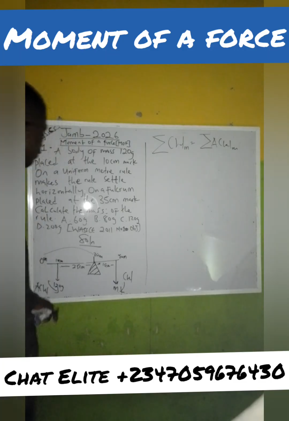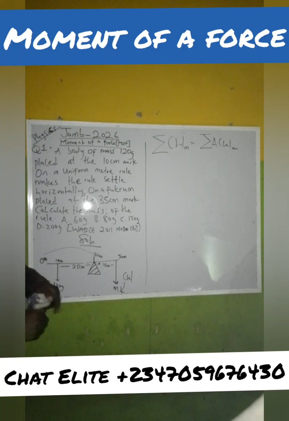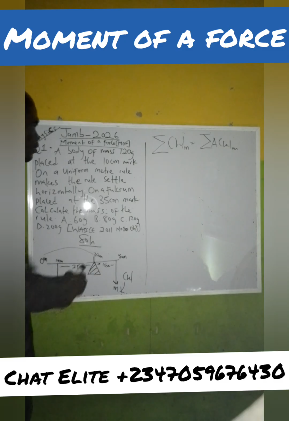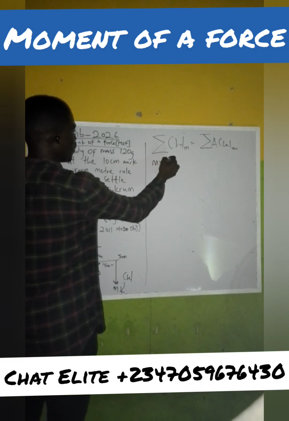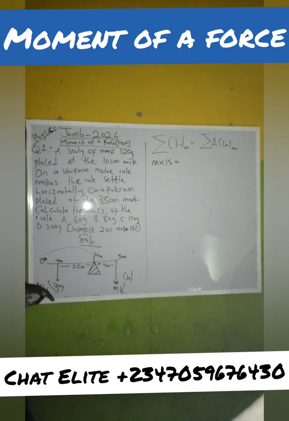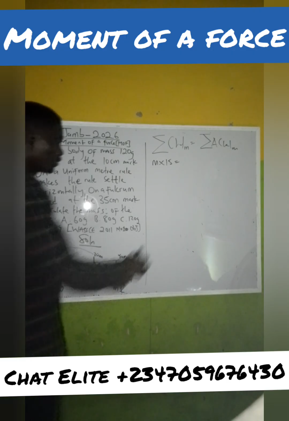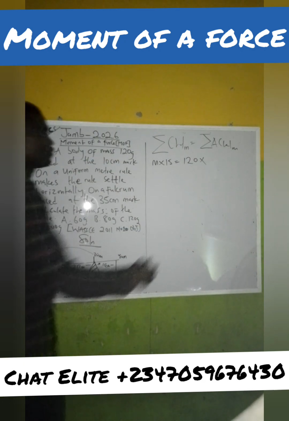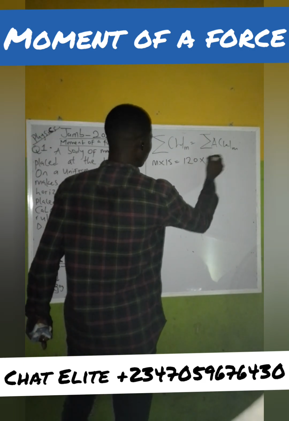Alright. So let's take the clockwise moment now. The clockwise moment is the mass here multiplied by the perpendicular distance here. That's m multiplied by 15 is equal to the anti-clockwise moment: 120 multiplied by 25.